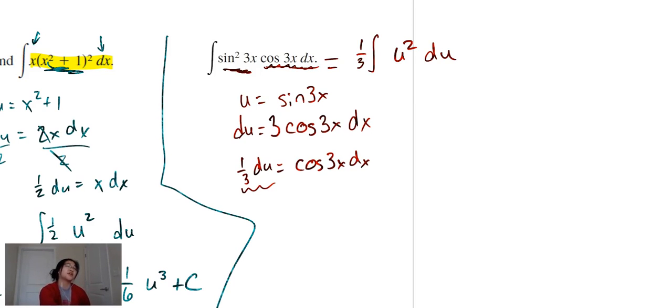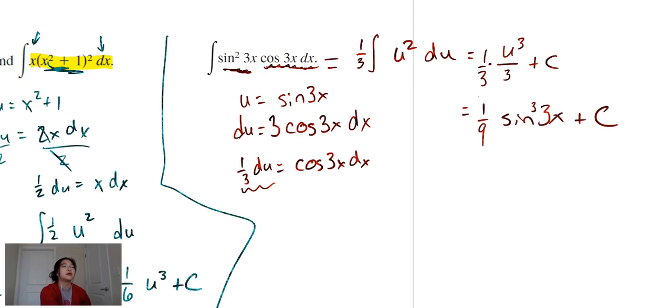Scalar multiplication works very nicely. So what's our antiderivative? u to the 3rd over 3, and we're multiplying by 1/3, plus c. And so we have 1/9, and then u is sine of 3x, and we're cubing that, plus c. Boom. There we go.